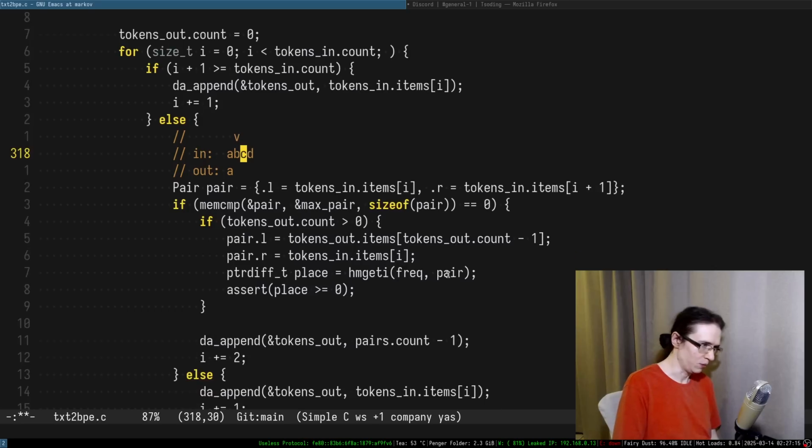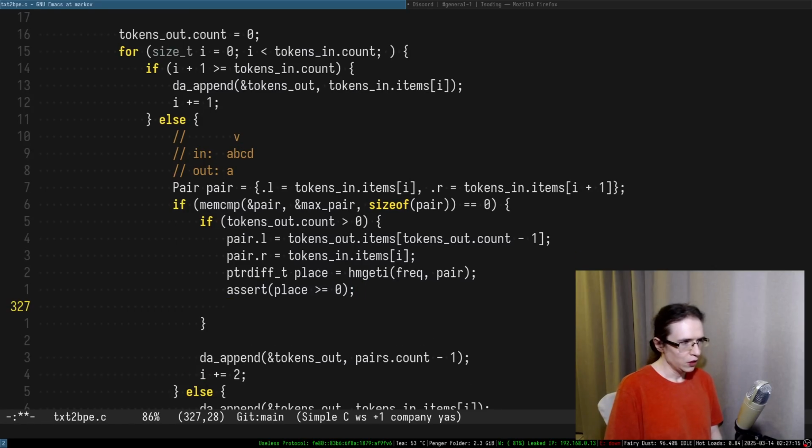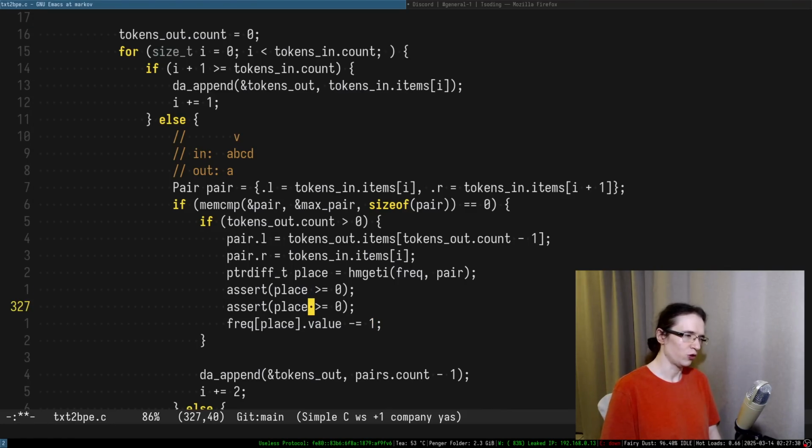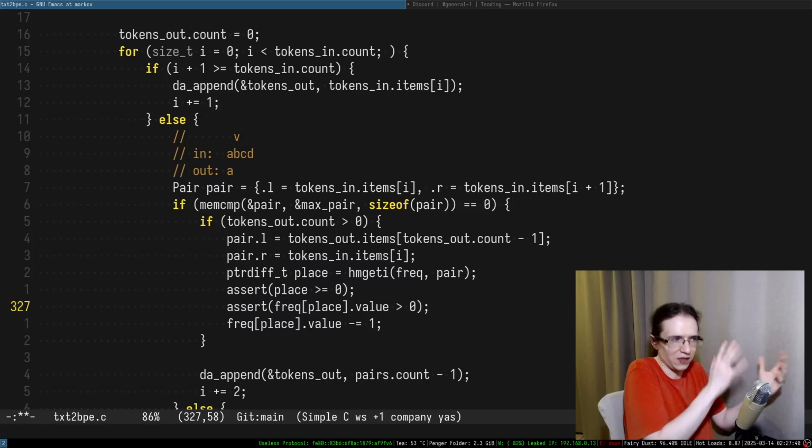After that, we take this specific pair and decrement this counter. Since it exists in the frequency table, its counter has to be greater than 0. This is another condition that we can double check in here. Again, if it's not the case, that means we did something wrong previously somewhere in the algorithm.